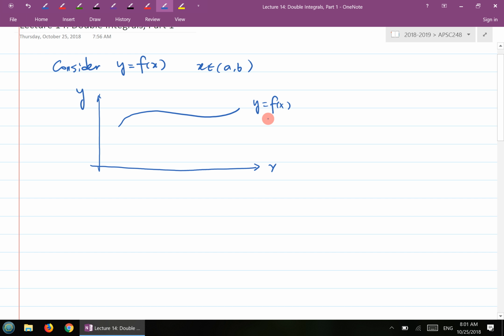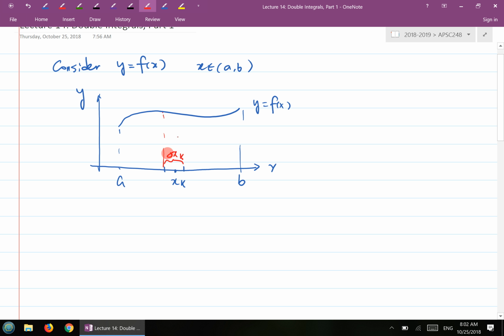If you recall, we can use this limit concept or approximation concept to get the approximate area underneath the curve. This is a, this is b, and we can pick anywhere in the middle, let's call it x_k. Around the x_k, suppose you have a delta x_k segment around that location.